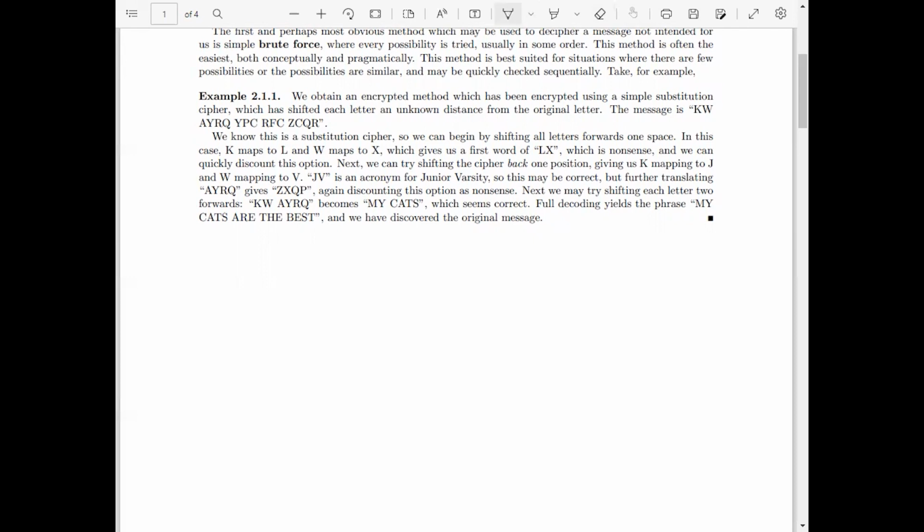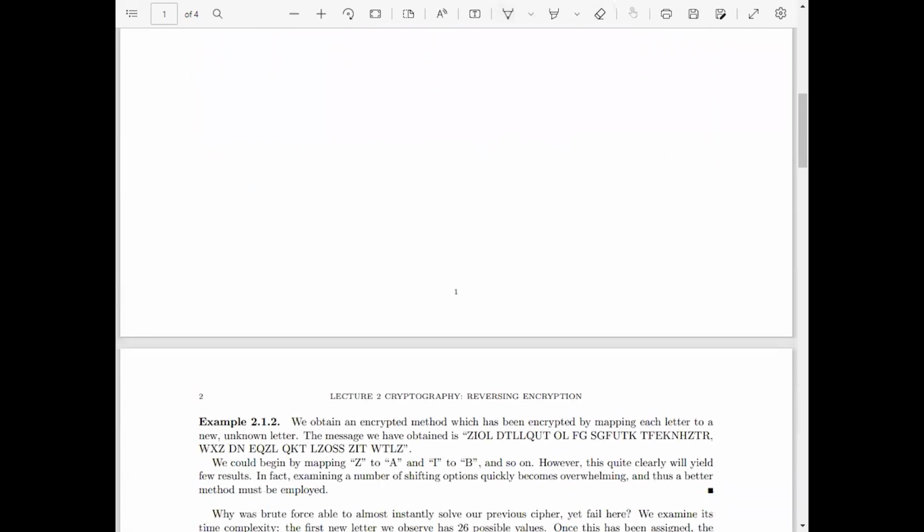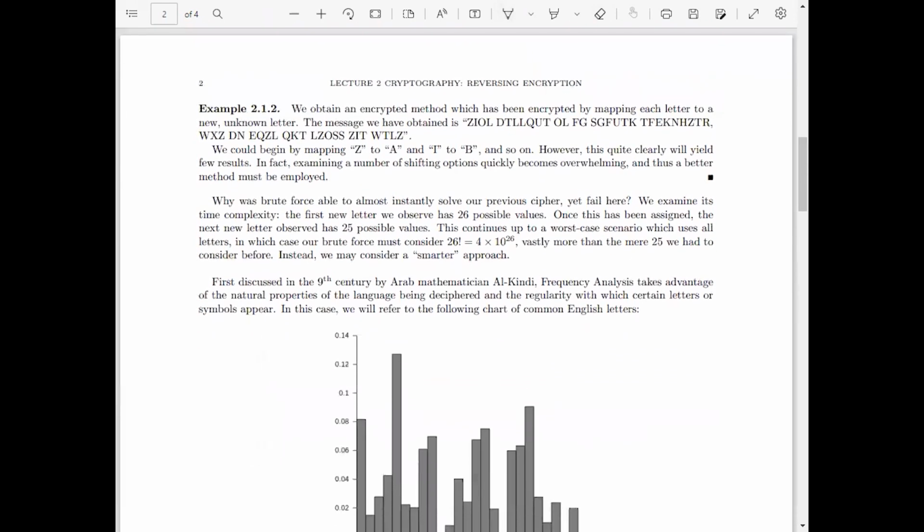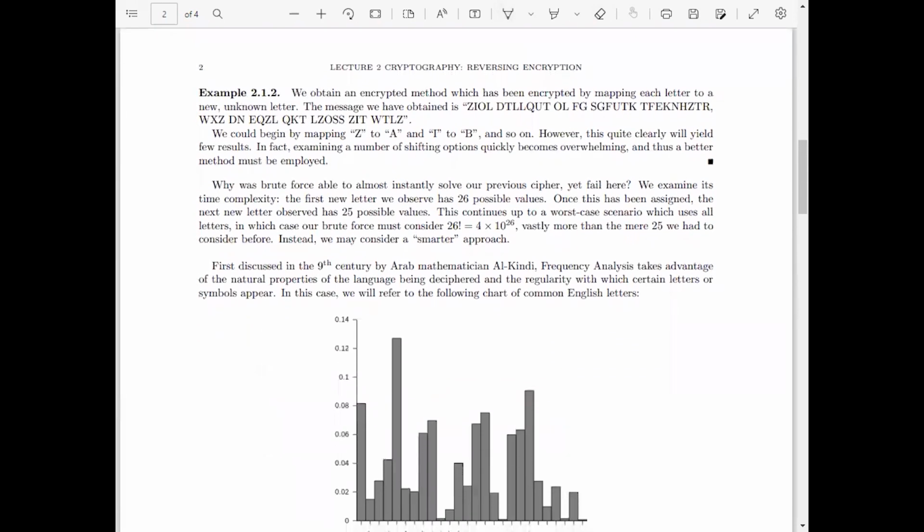So with that knowledge, it's a little bit easier to understand why something like a substitution cipher is a little bit more difficult. In this case, we receive this encrypted message right here. It's much longer, but as we just discussed, that's not at all a problem. We just need to try all of the possible solutions.